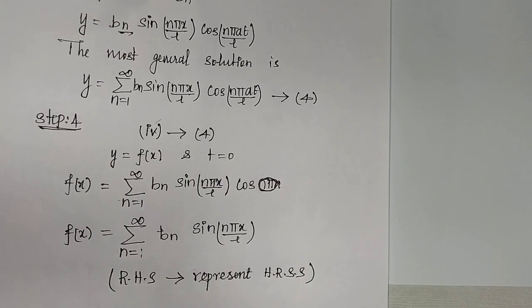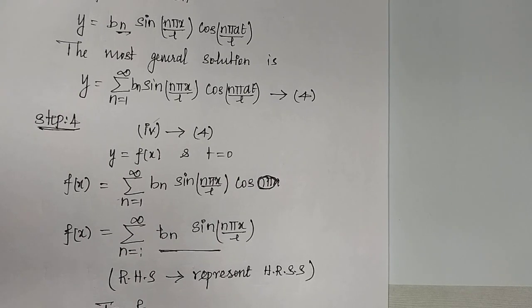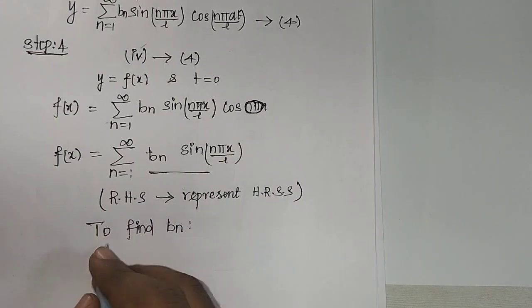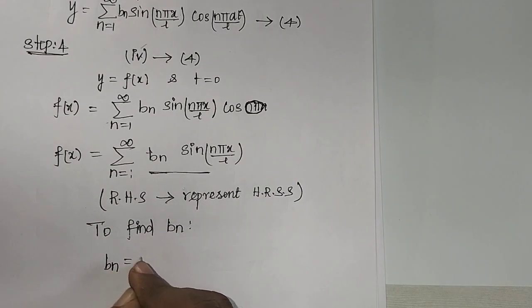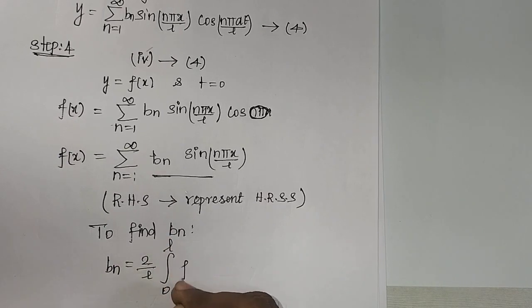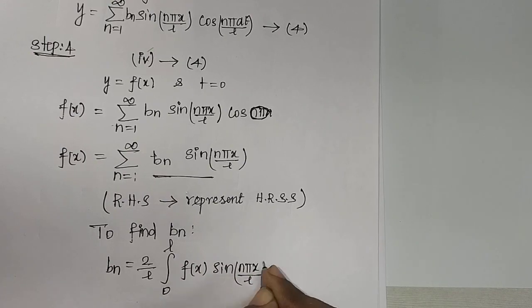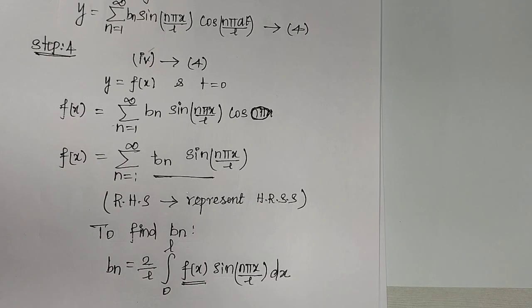So if it is a half range sine series, we are able to find bn. How to find bn? The bn formula is bn equal to 2 by L integral 0 to L f of x sin n pi x by L into dx. Here this f of x is given in your problem.